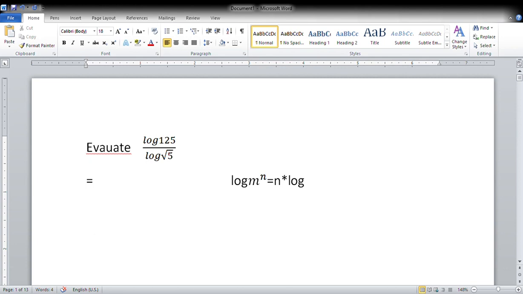So n comes to the front side, from the power it comes to the front side.